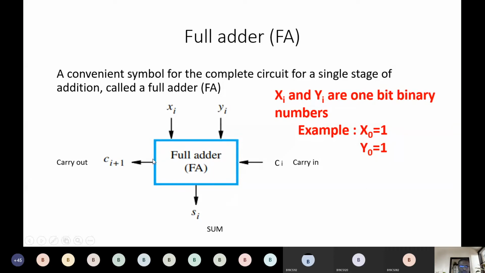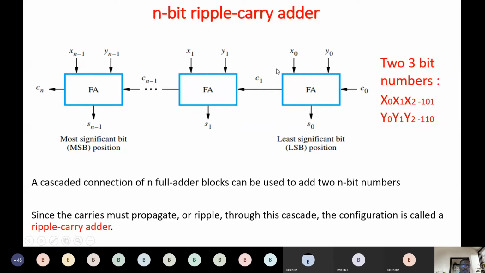So this is the next slide. You can see, I want to add, for example, two 3-bit numbers. What are they? 101 is one 3-bit number, 110 is another 3-bit number. I want to add these two.